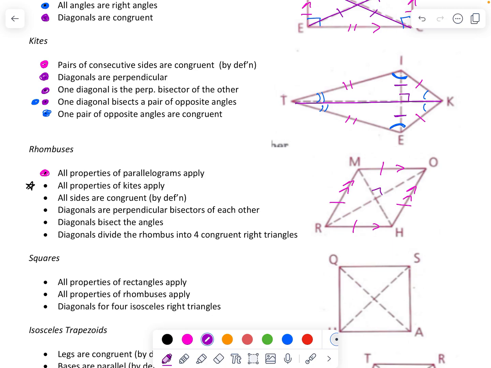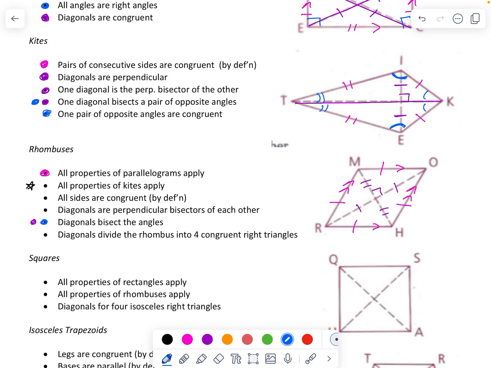So right angles, those are congruent. These are congruent. They bisect each other. And the diagonals bisect the angles. Not all the angles, just the one pair, sorry, just like in the kite. I was getting mixed up with the square.